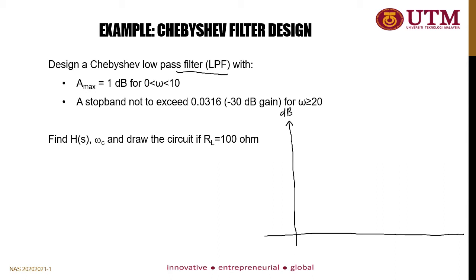This one is in dB. It's a Chebyshev low pass, so the signal will have ripples in the passband area, and then roll off. The Mx is 1 dB.